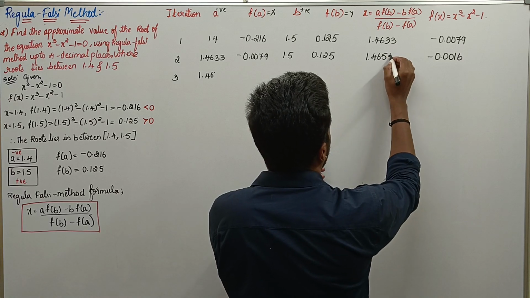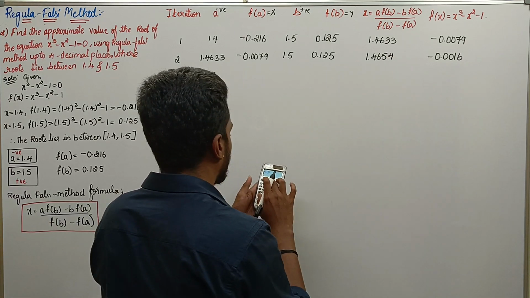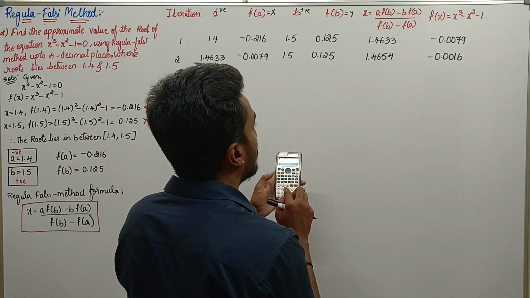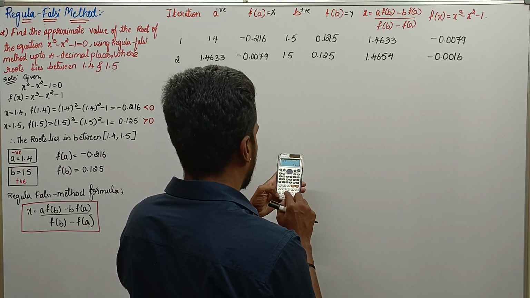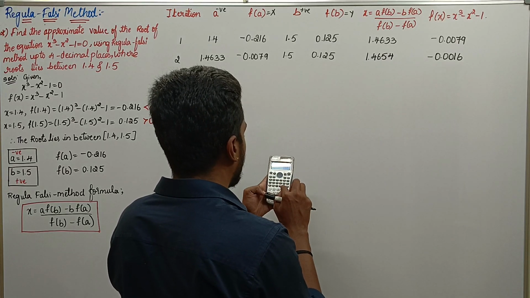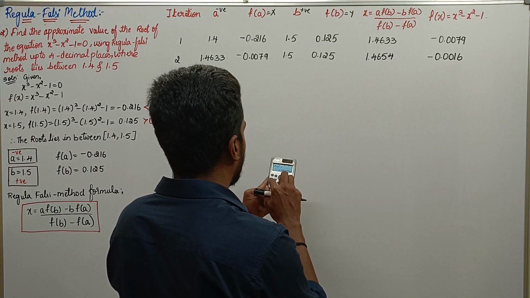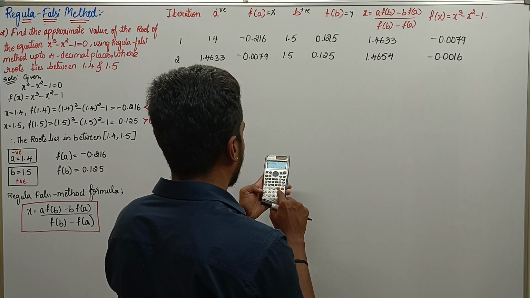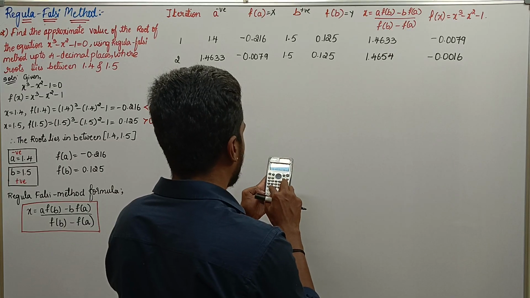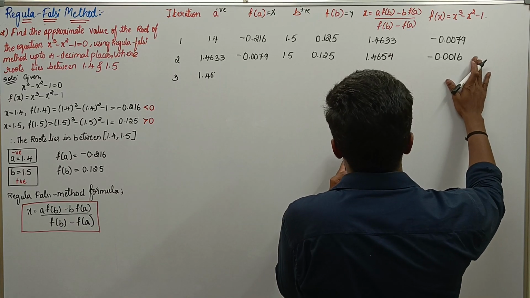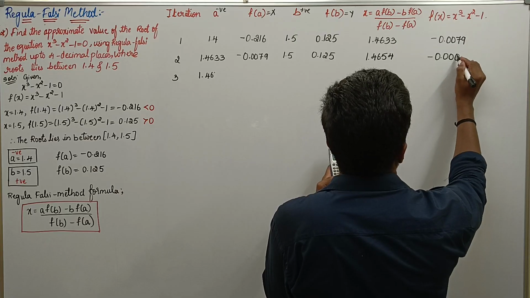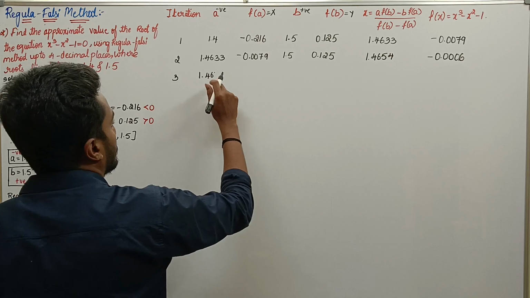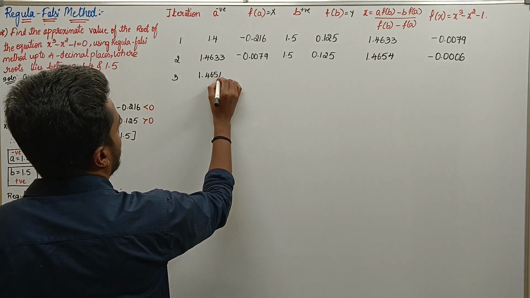You get 1.4654, and for the function value, press calc, minus 0.0016. If you miss one decimal value also, it will be completely wrong. 1.4654. Shift eng, shift eng. You get 0.0006. Got the point?